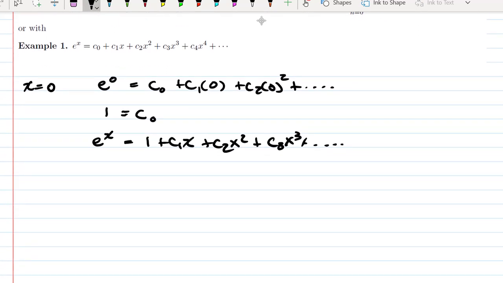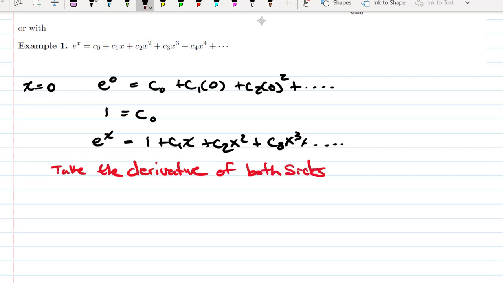Well, if we want to make sure they have the same slope, we would take the derivative of both sides and evaluate at x equals 0.